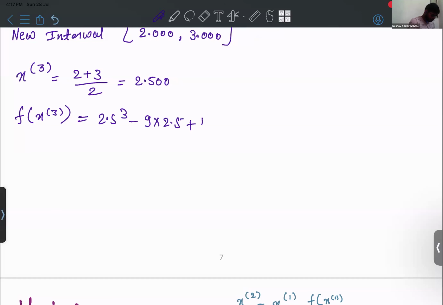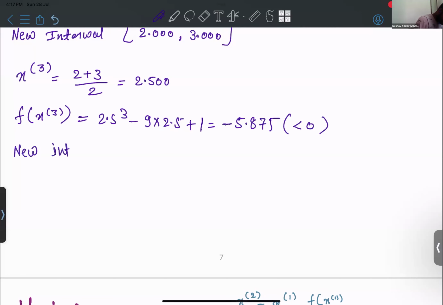This will come as minus 5.875. This is negative, so 2 will be replaced. So the new interval will be 2.500 comma 3.